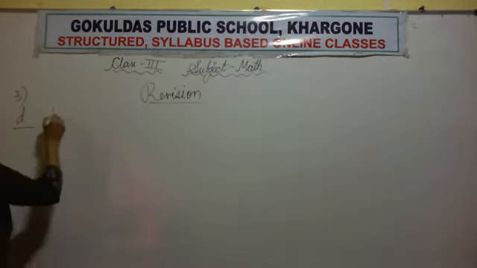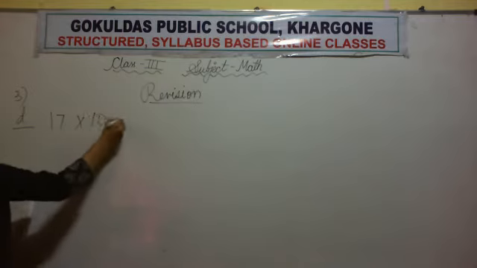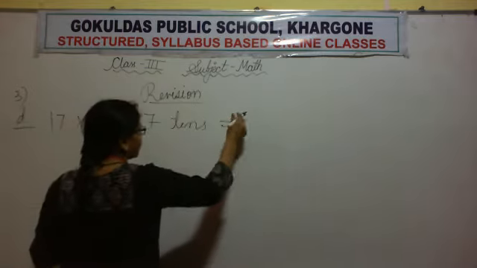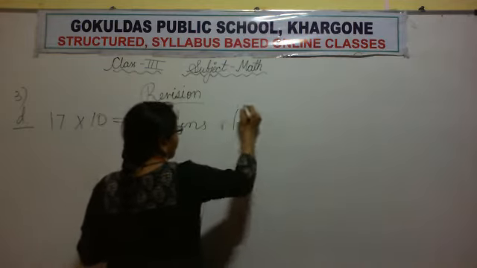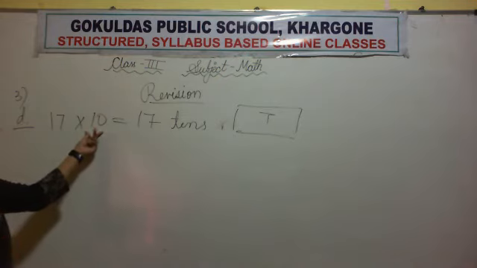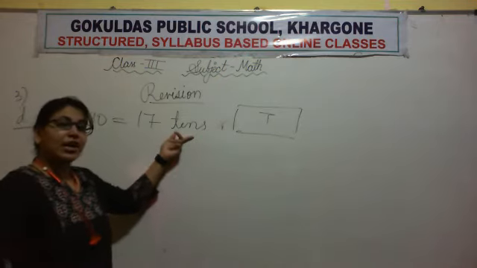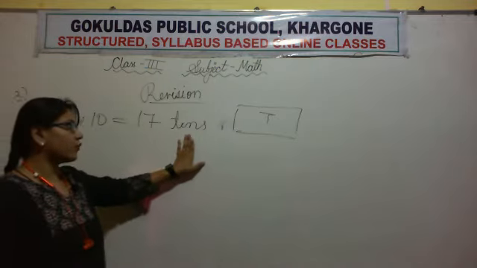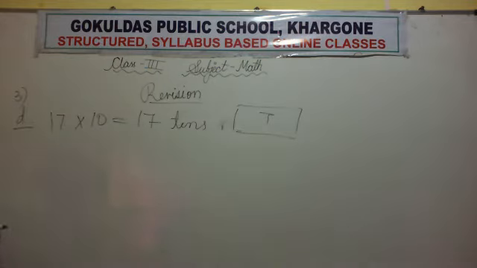So D is 17 into 10 is equal to 17 tens. Yes, just by seeing it, without solving, we can say that it is true, because here 10 is written in the form of a numeral and here 10 is written in the form of words, so it is true.